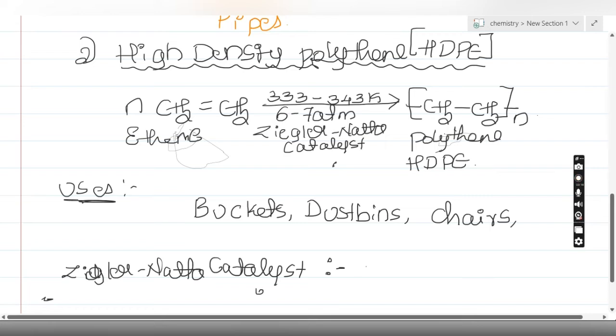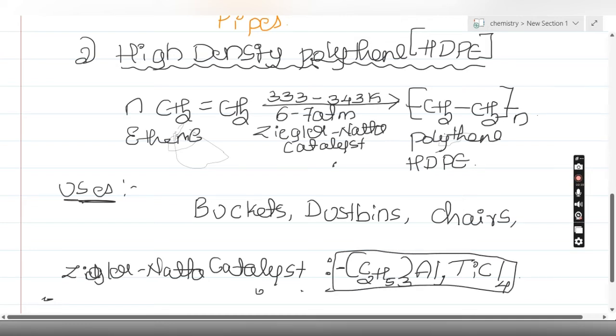Triethyl aluminium: ethyl means C2H5, tri means thrice, aluminium means Al. And titanium tetrachloride: titanium means the symbol Ti, and tetrachloride means TiCl4. So a mixture of these two is called Ziegler-Natta catalyst. That catalyst we are using here.